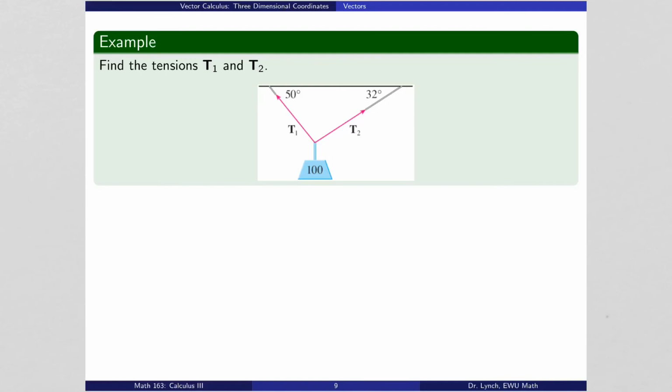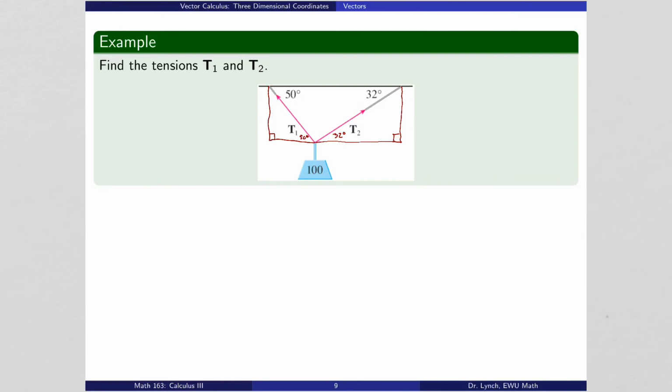This is a fairly straightforward force balance equation that we can solve for T1 and T2 using just a little bit of trigonometry. So here I've added a couple of triangles with the angles 32 degrees and 50 degrees that represent the components of these vectors T1 and T2.